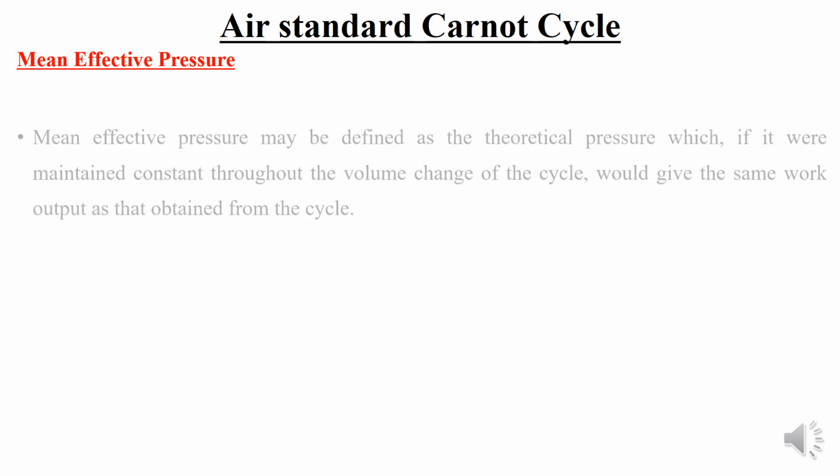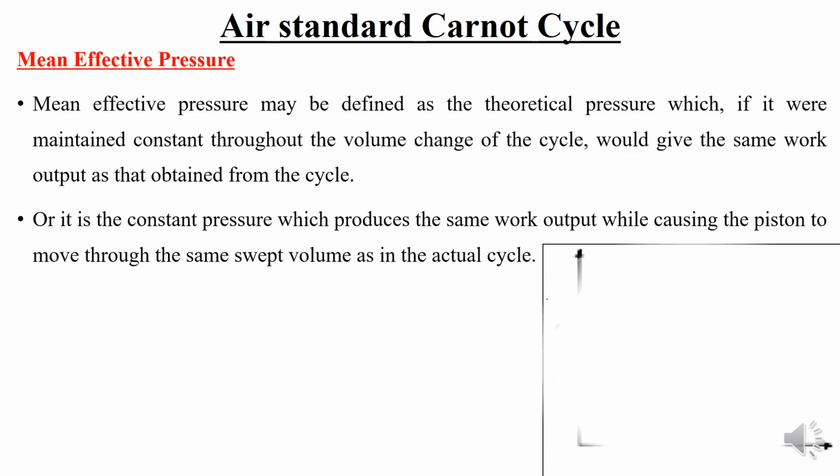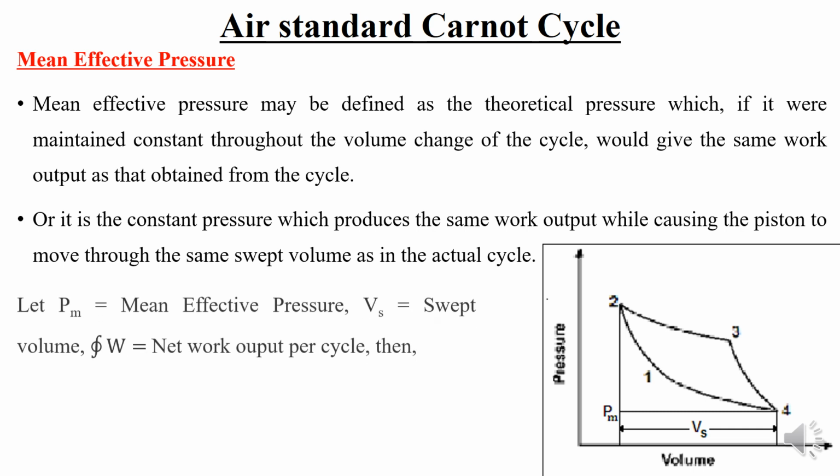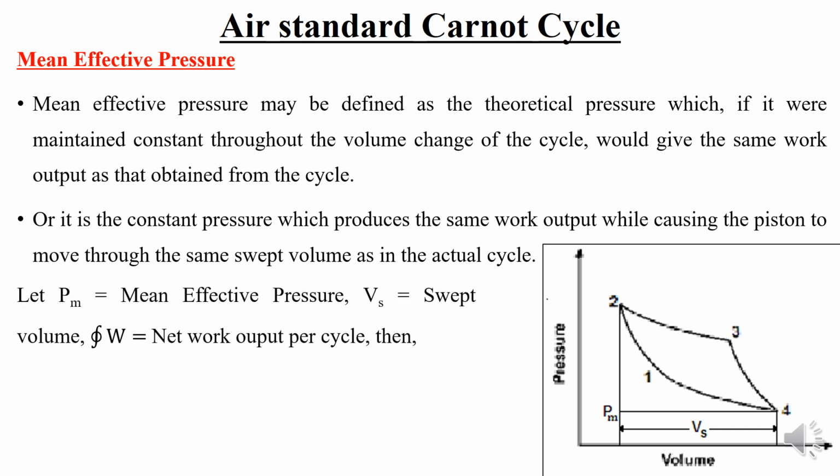Next, we should know what is meant by mean effective pressure. Check the expansion process, that is 3 to 4, where your power will be generated. During this entire process, pressure keeps on changing. So we have to get one average value, because to solve the problem or to know how much power is available, you should know the average value of this pressure.